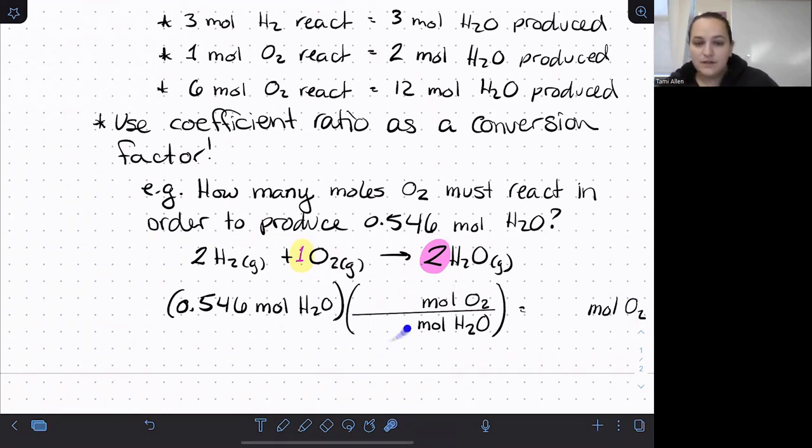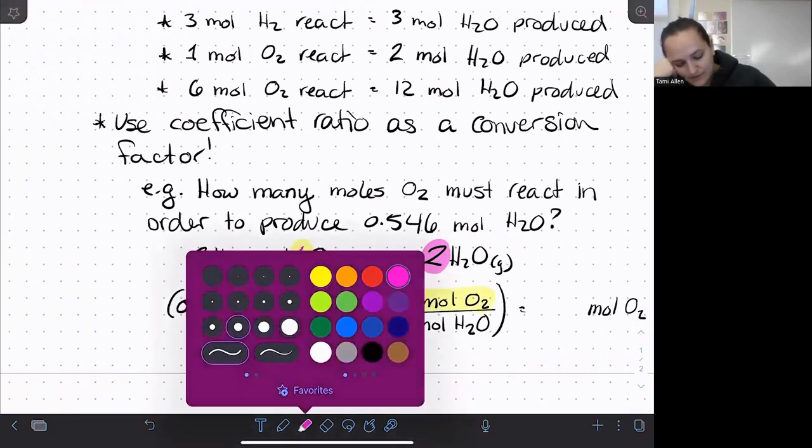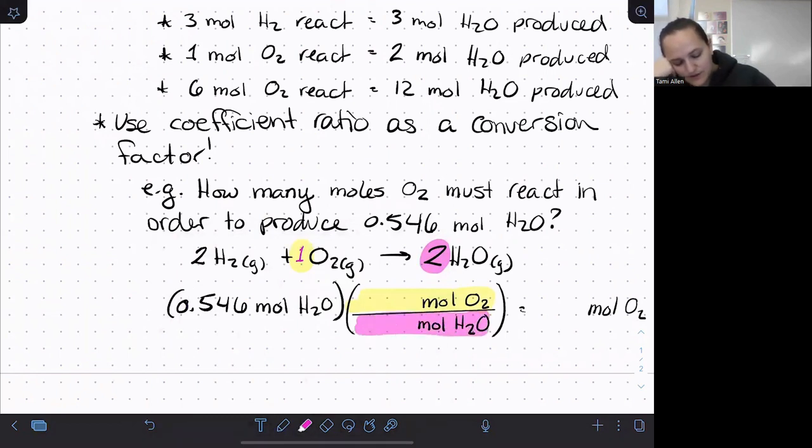So now what goes in here as your conversion factor is just these coefficients. The reaction is telling you that some number of moles of oxygen predictably reacts to produce a particular amount of moles of water.